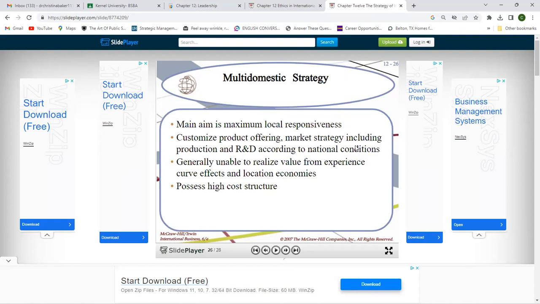Main aim is maximum local responsiveness, customized product offering and market strategy, including production and R&D according to national conditions, generally unable to realize value from experience curve effects and location economies, possessing a high cost structure.